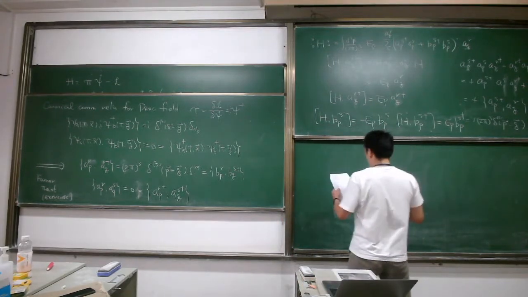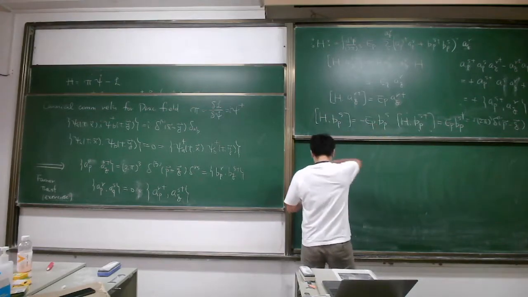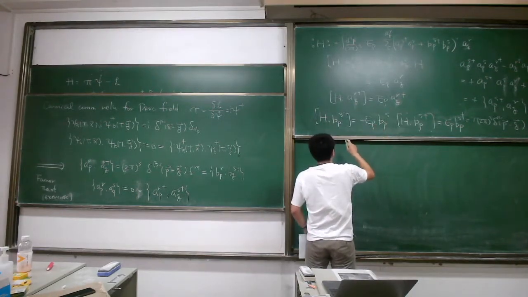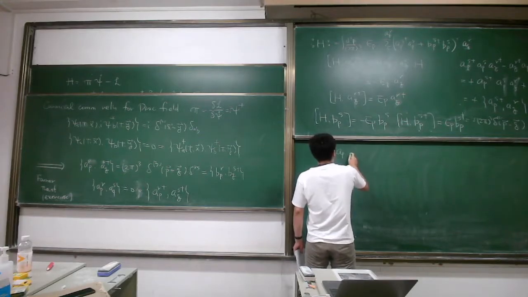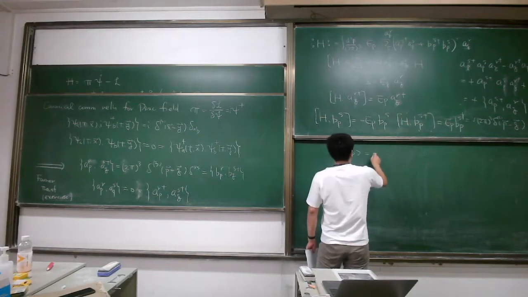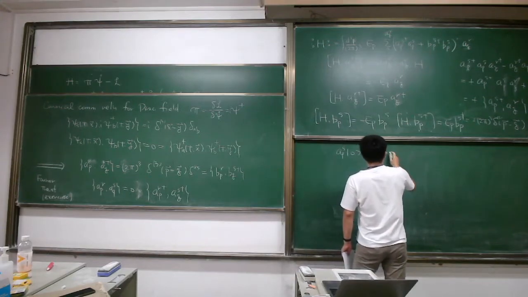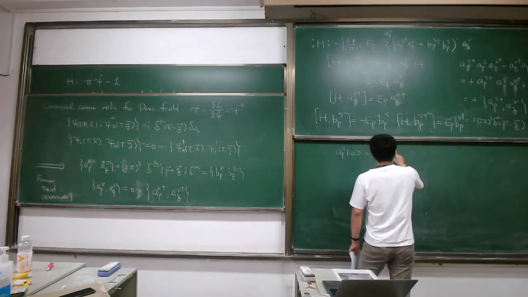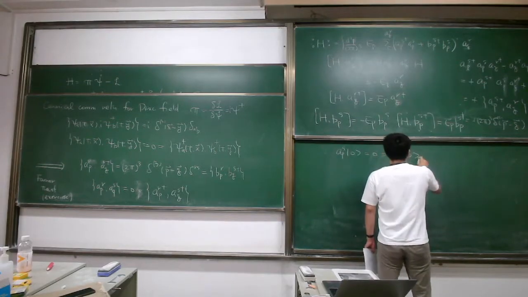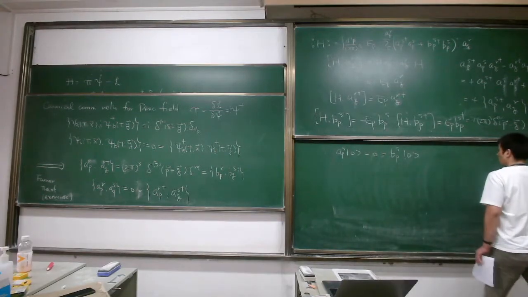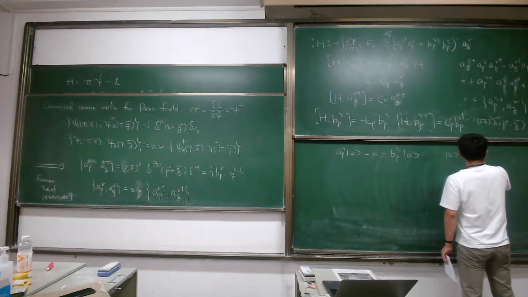So this can be understood as the creation and annihilation operator from this picture too. So therefore, we define a vacuum in the following way. The vacuum, the Fermion vacuum.